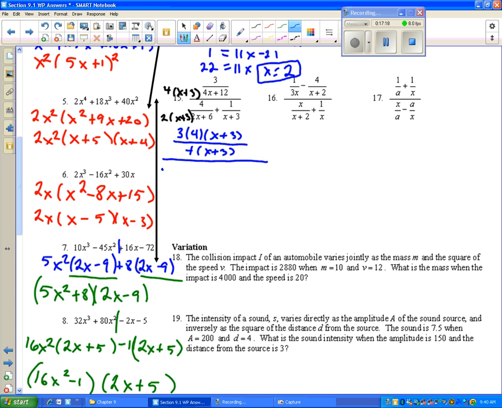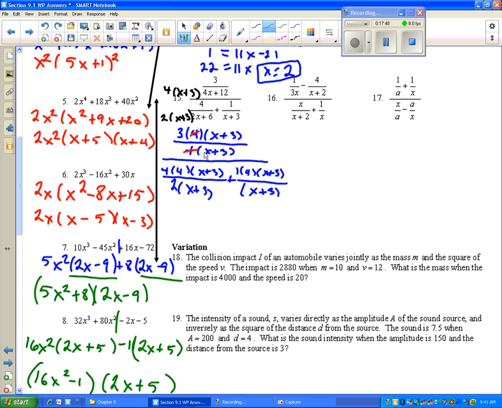Here, this is going to be 4 times 4 times x plus 3 over, again, this factored to 2 times x plus 3. Then I'm going to have plus my 1 times 4 times x plus 3 over that denominator of x plus 3. Again, the goal of this is to cancel out these denominators.